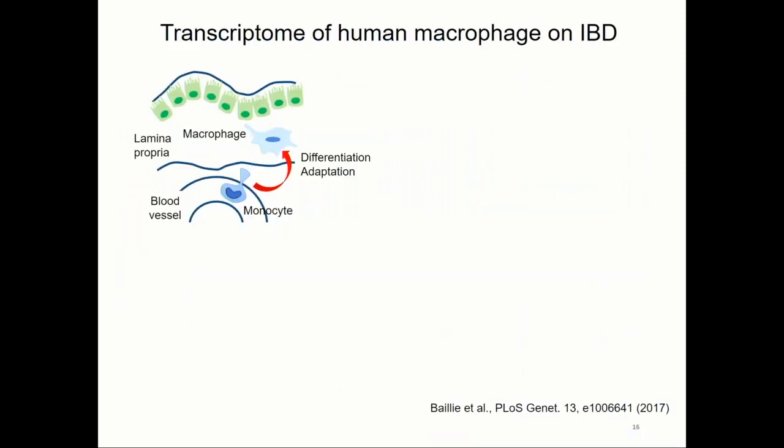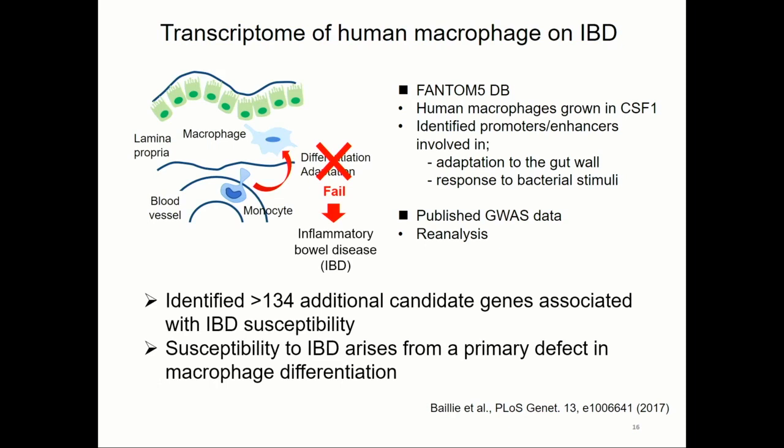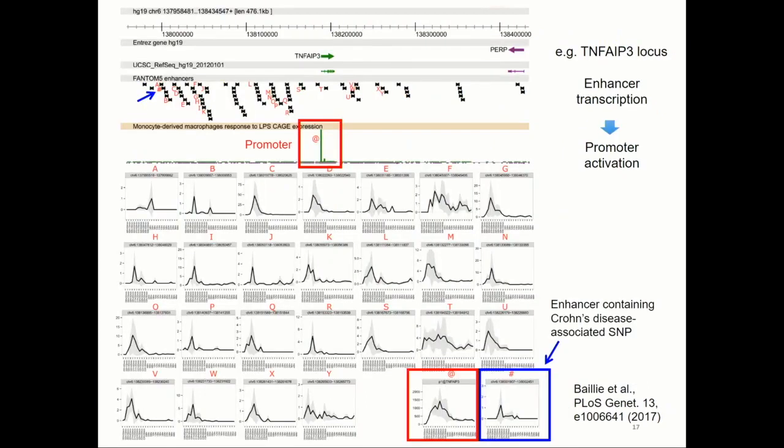They can cover quite a large number of GWAS SNPs. Some examples, this is from IBD, and I will omit some of the details here, but I'd like to show you a screenshot of an example of a promoter that is represented here, that is regulated by many enhancers identified in the FANTOM 5 project.